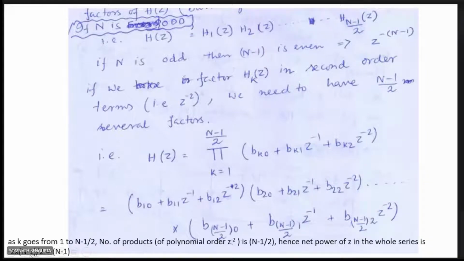So the 2 cancels and you will get minus (n minus 1). This is the maximum order, z to the power minus (n minus 1). You have to keep this in mind while finding the expression in products for n is odd.